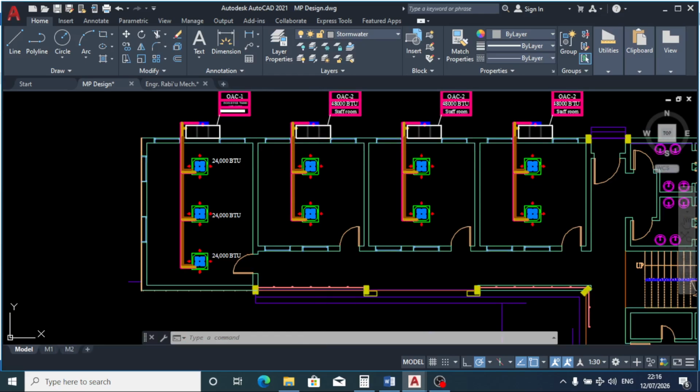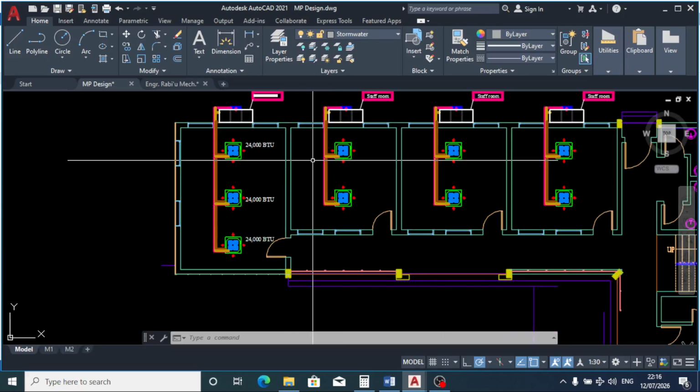Now for this space, let's get the floor area.